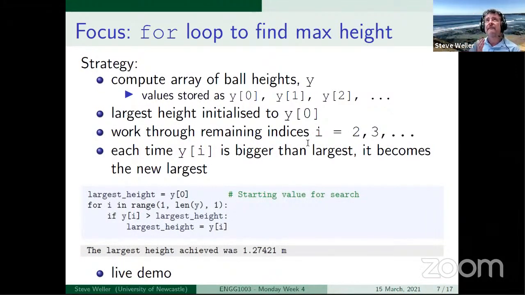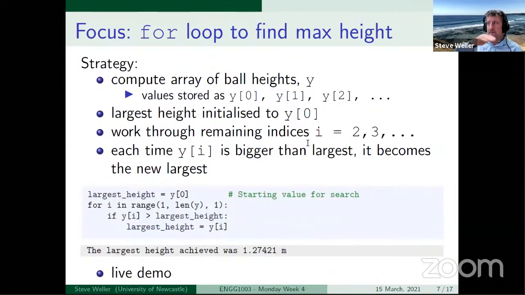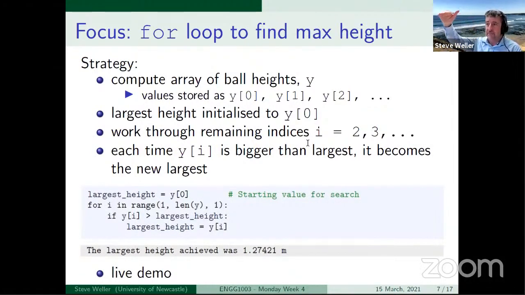So if you think about the values in the array Y, as we move from Y0 to Y1 to Y2, we go up and up and up, and we find progressively higher values of the height, and eventually we come back down.